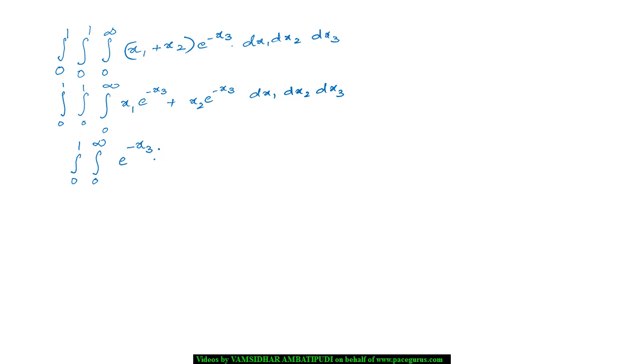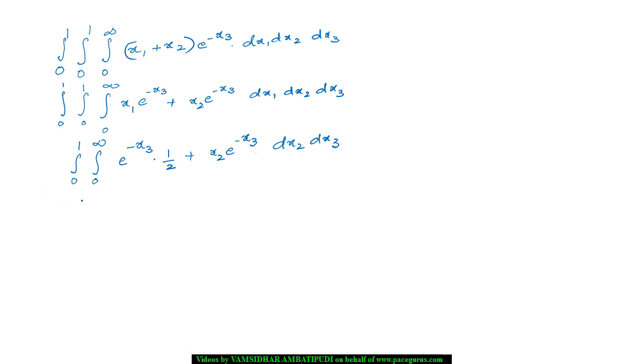And integrating between 1 and 0, I'll directly take it as 1 by 2, plus x2 e to the power of minus x3, this whole is a constant, and into x1, integrated between 1 and 0, it is 1 itself. So this becomes dx2 dx3.